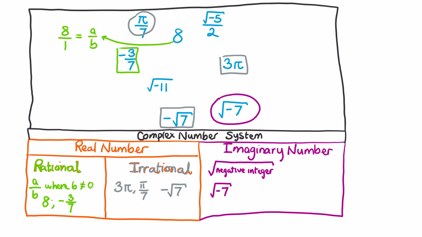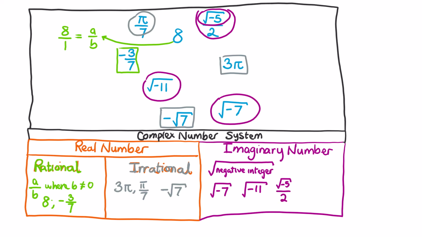Another example here is the square root of -11. And another one is noticed at the numerator of this fraction, which is going to affect the whole fraction. In this part we have the square root of -5 over 2.